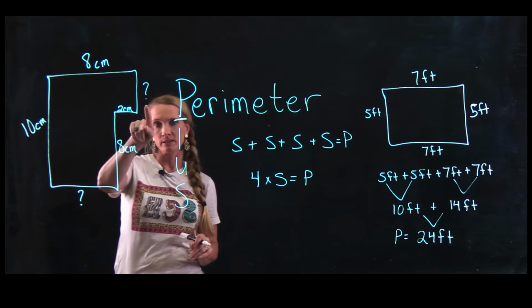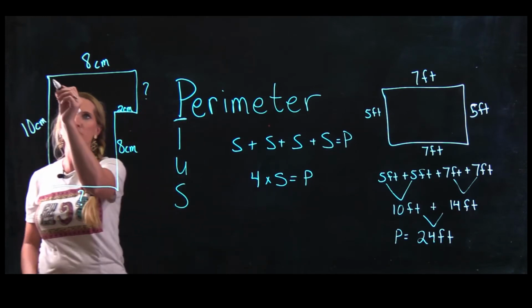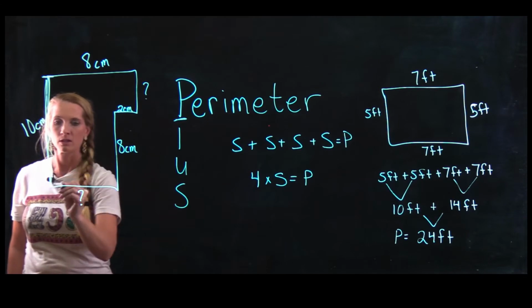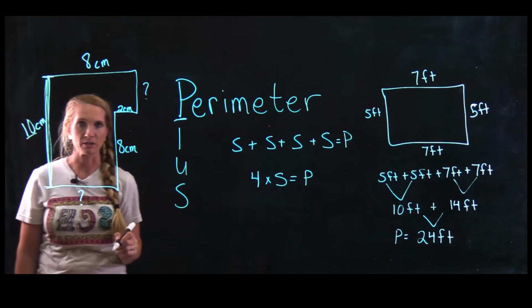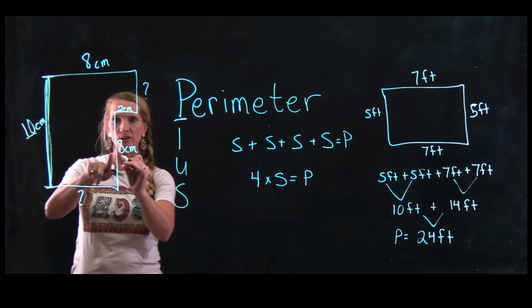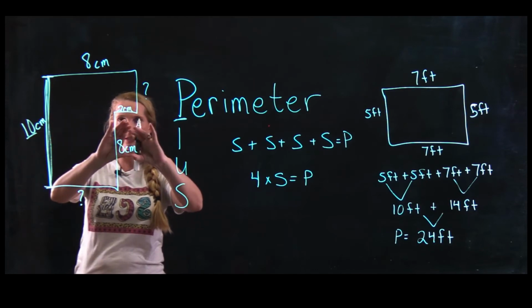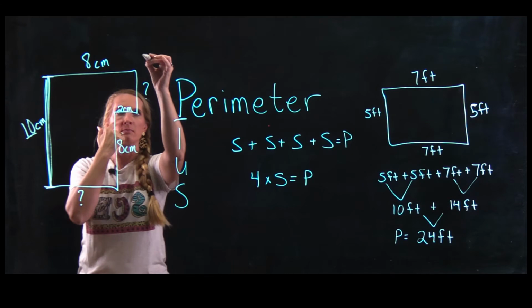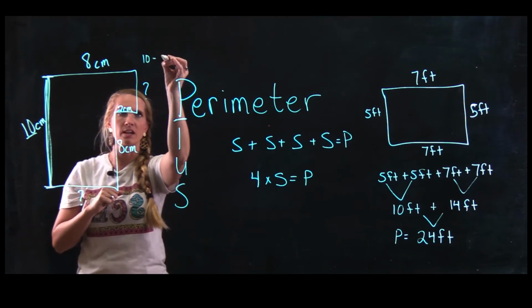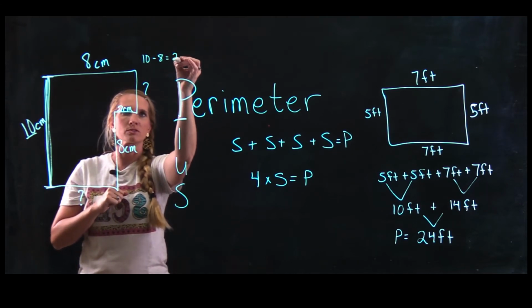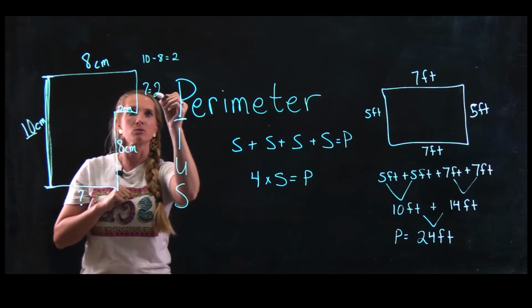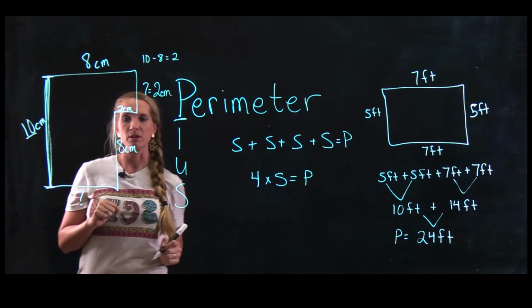To find this one, I look over here and I say, okay, well, this whole side I know is 10 centimeters. So if this part is 8 centimeters, I have to do a little subtraction. But in my head, I can almost take 10 minus 8 equals 2. So I know my question mark now must equal 2 centimeters.